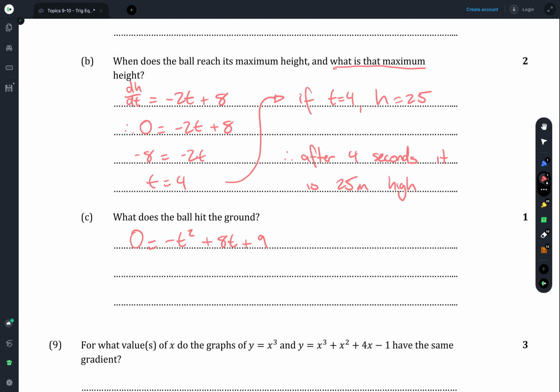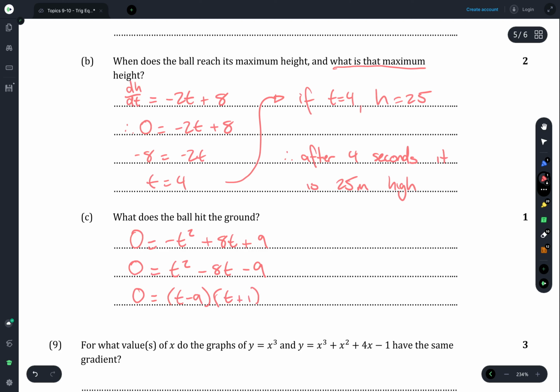So what I'm just going to do is multiply everything by negative 1, just so I can make it monic, because that makes solving things a whole lot easier. And so now, factorizing the quadratic, think of two numbers that multiply to be negative 9 that add to be negative 8. So that's going to be (t minus 9)(t plus 1). So therefore I get t equals negative 1 or 9.